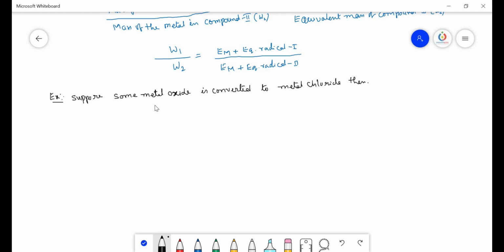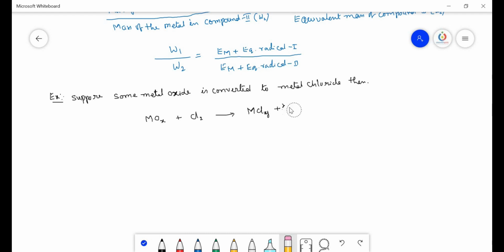It is very simple. Initially we have taken some metal oxide, so MOx, and it reacts with chlorine, and it has been converted to the metal chloride, MClY, plus O2 or something, whatever it may be. X number of oxygens are released, or else you take X by 2 O2, where the 2 cancels.